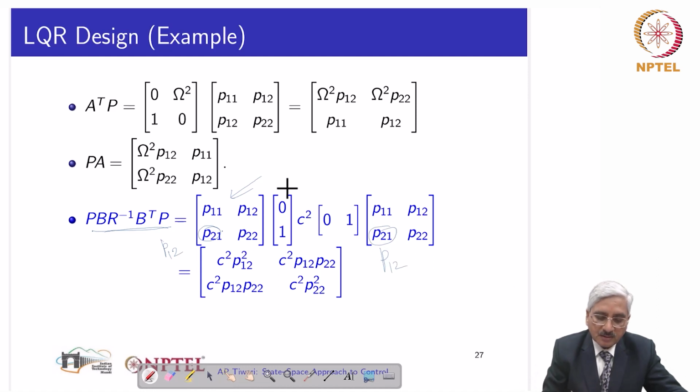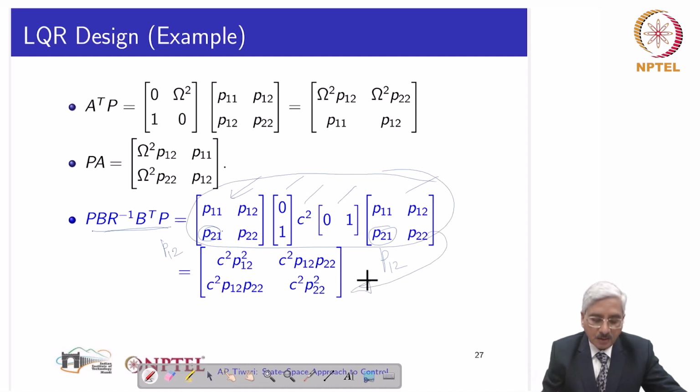So this is the P matrix, this is B, this is R inverse. R was 1 by c square, so R inverse is c square, this is B transpose, this is again P. All this evaluated gives this expression: c square P12 square, c square P12 P22, same thing, and c square P22 square.